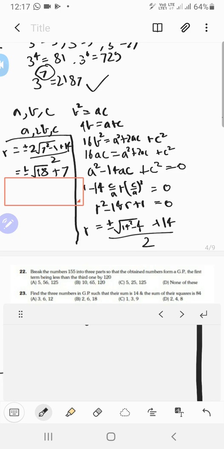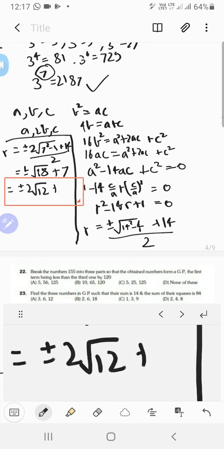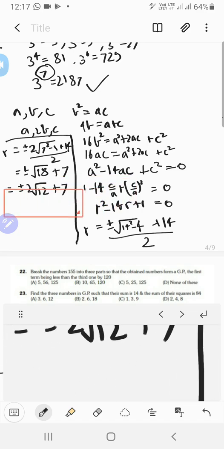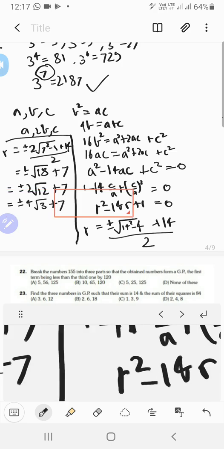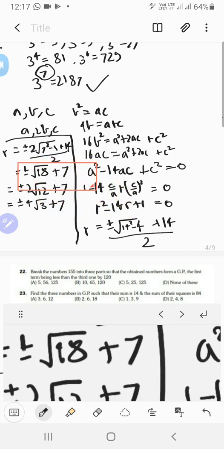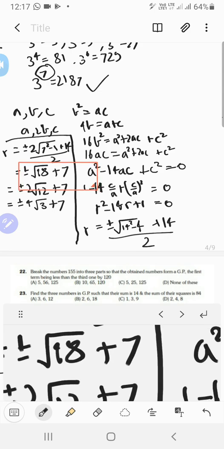Now root 48 is 2 root of 12, plus 7, which once again is just plus or minus 4 root of 3 plus 7. Now here's the deal.